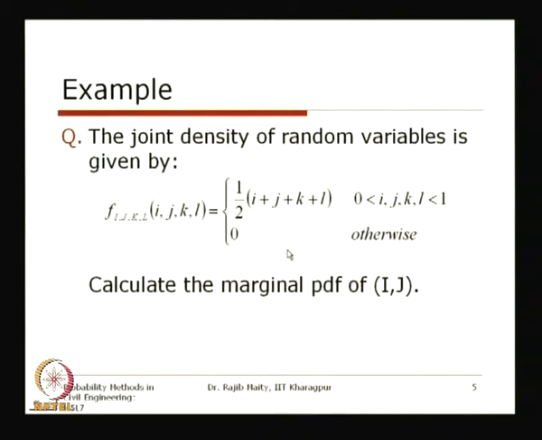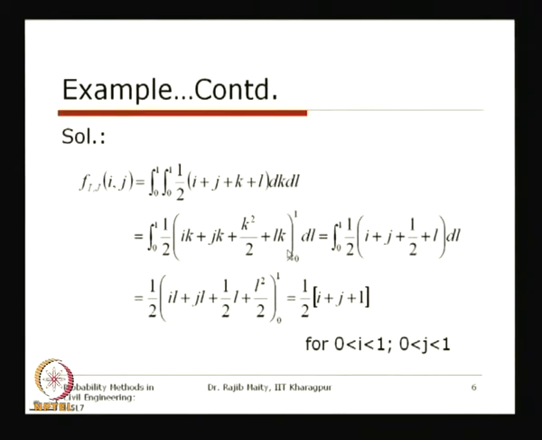Here the ranges are the same for all the random variables. If the support of the random variables is different, then you have to take care of the range of the integration.